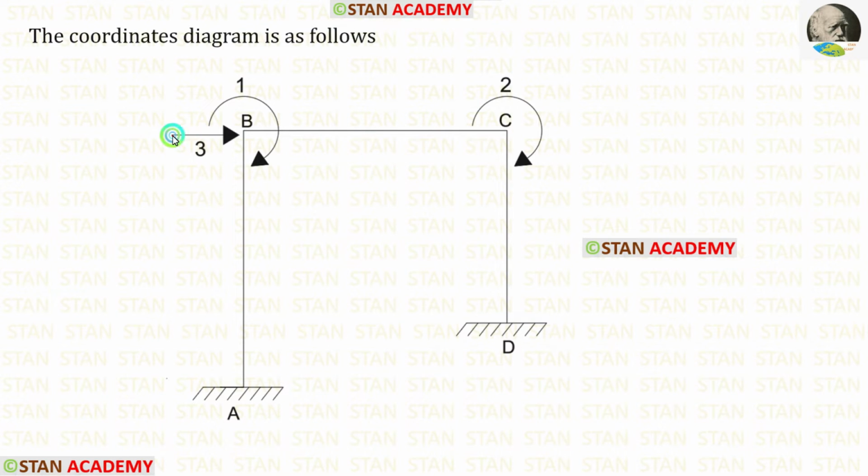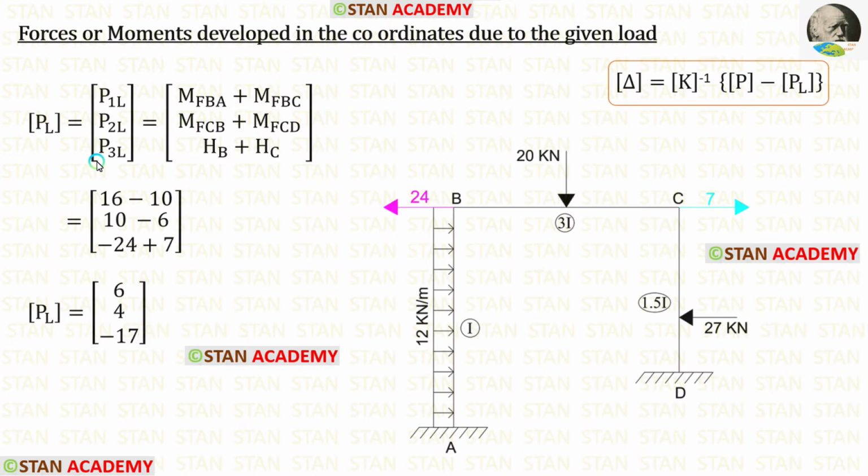Our third coordinate is the sway. We assumed that the sway occurs towards the right side. To find P3L, we have to add HB and HC. We have already calculated HB and HC. HB is acting in the opposite of the coordinate direction.